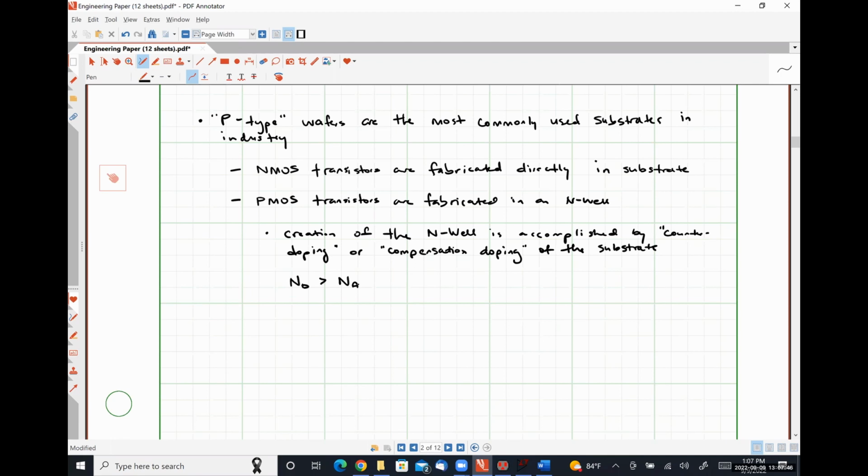So if we do compensation doping, are we replacing the acceptor atoms with donor atoms? No, we're replacing even more silicon atoms with something that isn't silicon, which tends to degrade the crystal as a whole, makes it not have exactly the electrical properties that we are expecting.